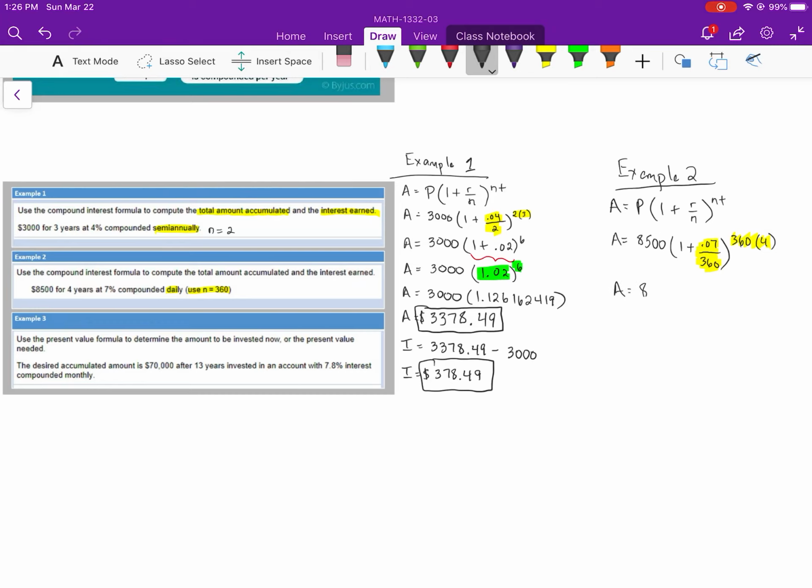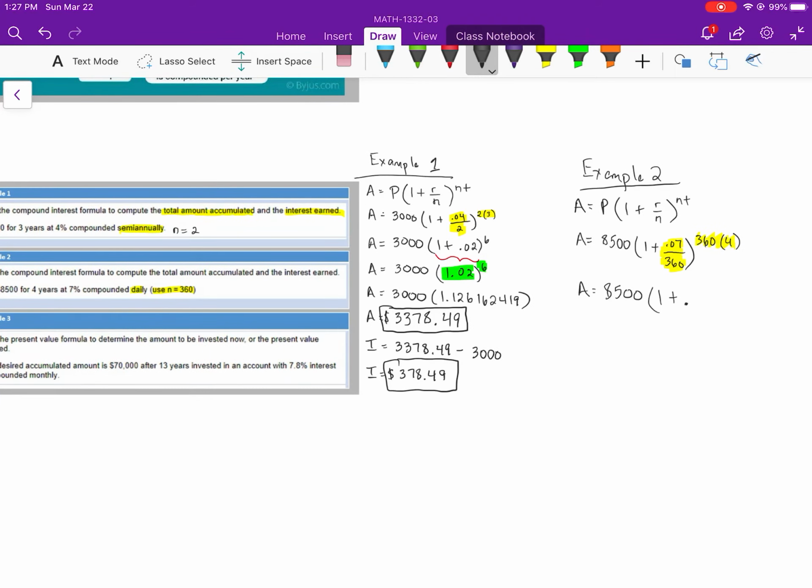A equals 8,500 times 1 plus... hang on, I'm going to punch that in one more time just to double check my answer here. Okay, just wanted to double check. Got a really small decimal, so I wanted to double check and make sure that was exactly right, okay?